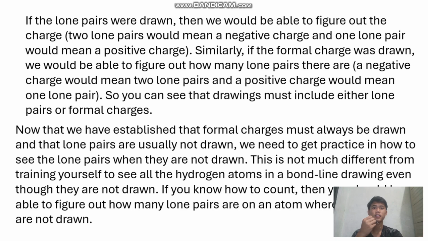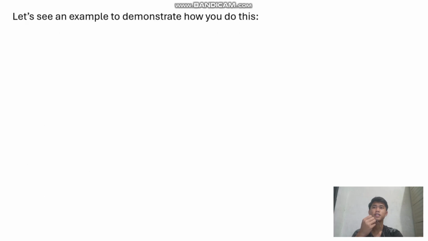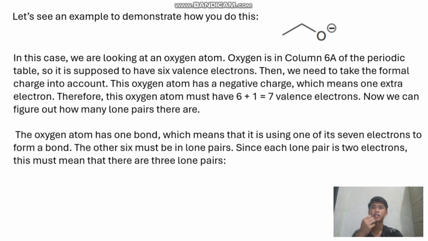This is not much different from training yourself to see all the hydrogen atoms in a bond line drawing, even though they are not drawn. So let's see an example to demonstrate how you do this. So we have a molecule here with a negative charge. In this case, we are looking at an oxygen atom.